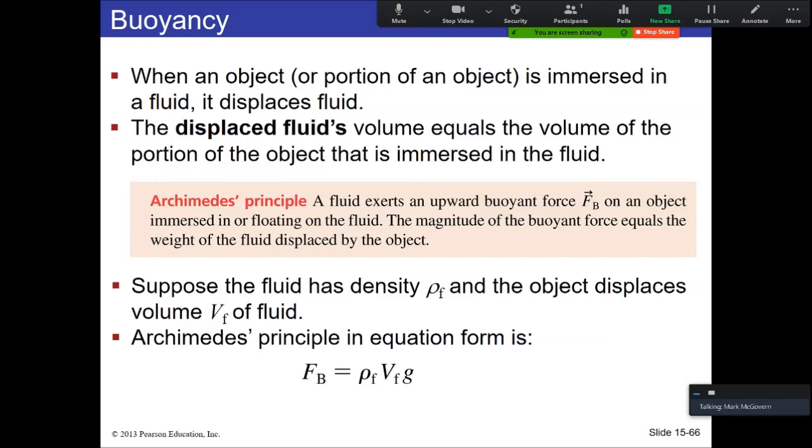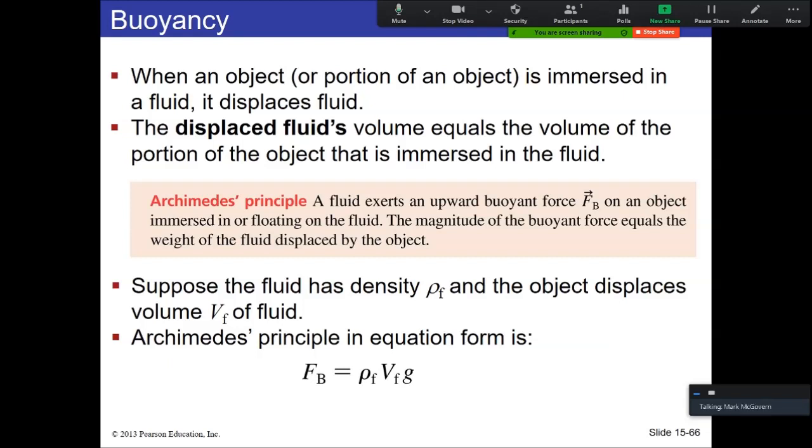So what we're considering is this. When an object is immersed in a fluid, the displaced fluid's volume is going to equal the volume of the object, obviously, right? So if it's a cylinder, there was a cylinder of water there that's now been removed, and instead, in its place, we have this object here.